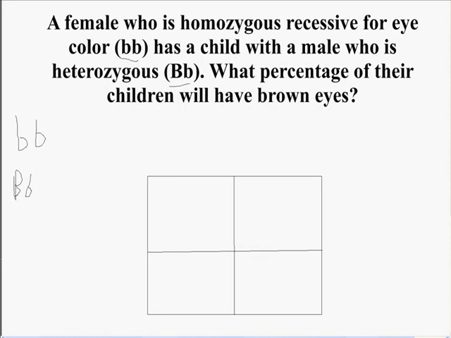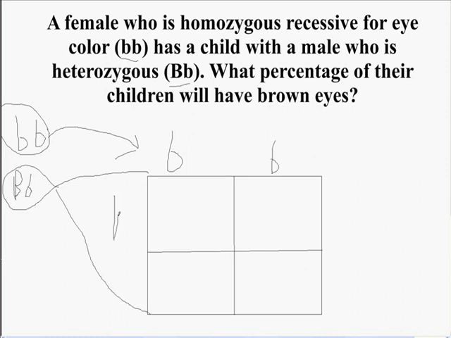In the Punnett square, we're going to take the mother's alleles, put them on the top, take the father's alleles, and put them on the side.